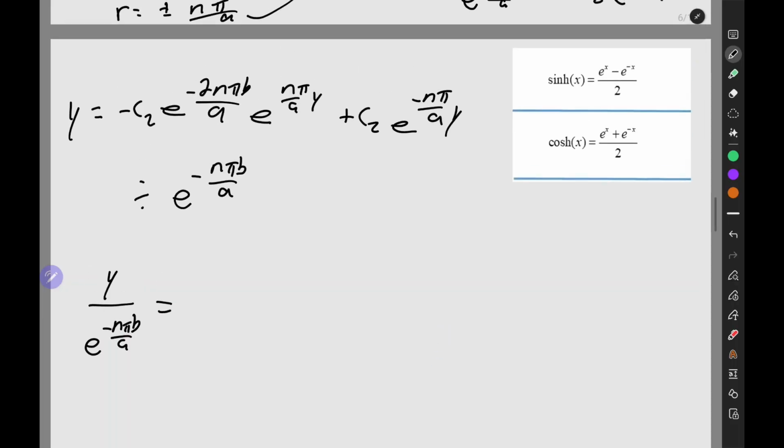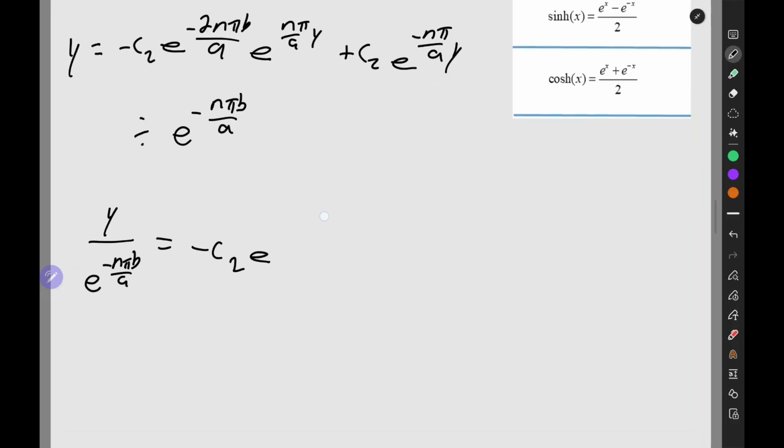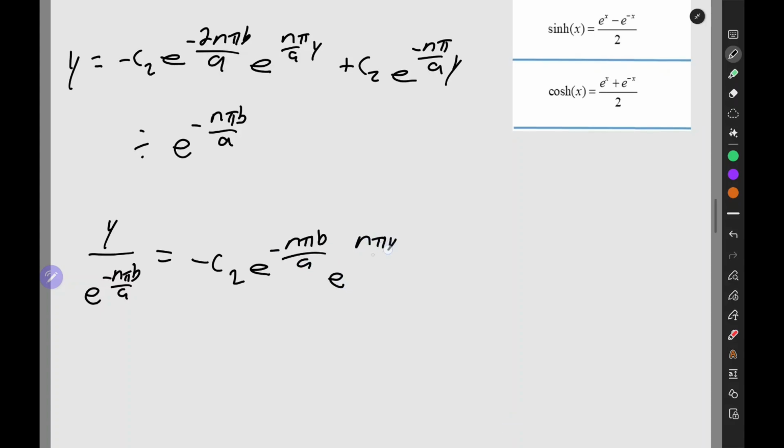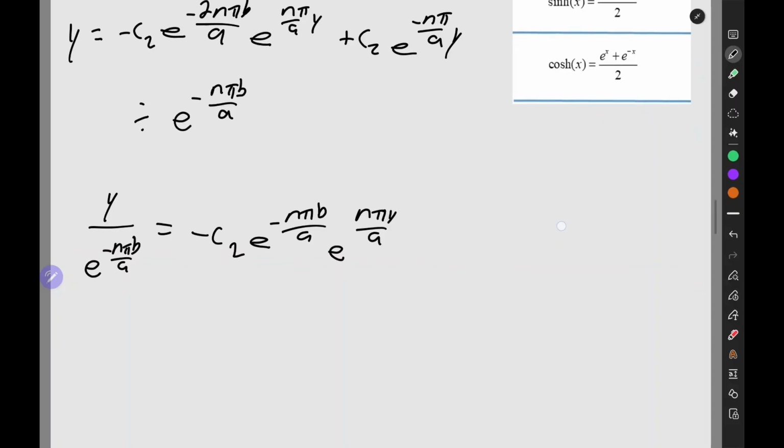For this side, we're left with negative c2 e to the negative n pi b over a, times e to the n pi y over a. I just took it out of that first one there.